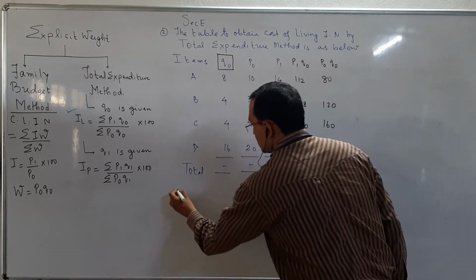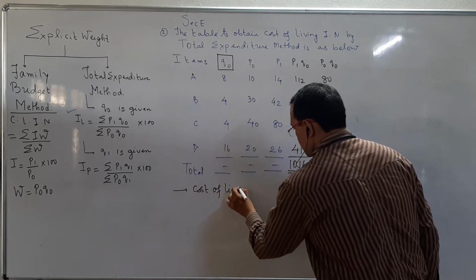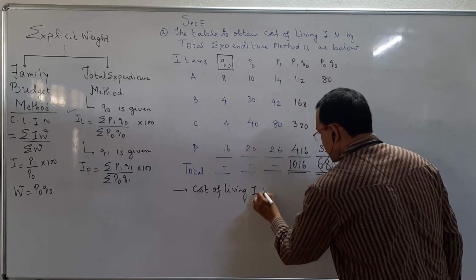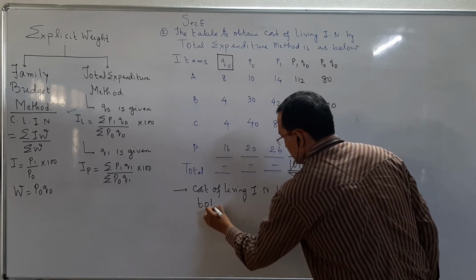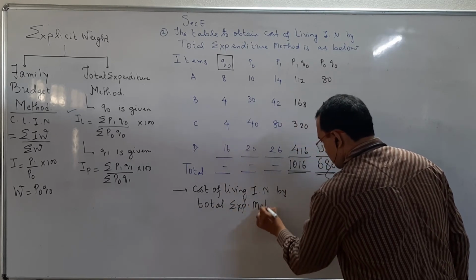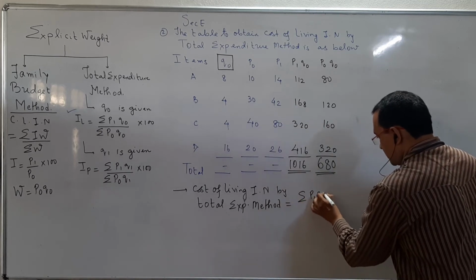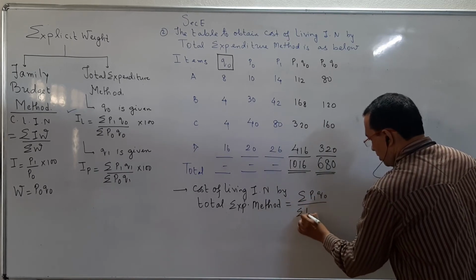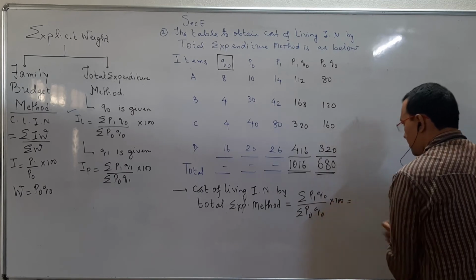So cost of living index number by total expenditure method will be sigma P1 Q0 upon sigma P0 Q0 into 100.